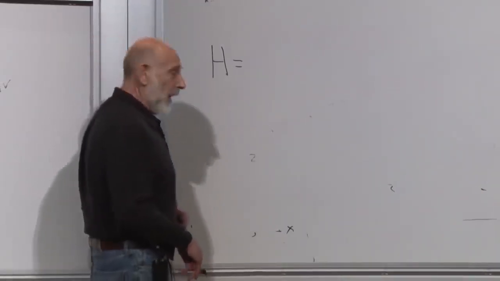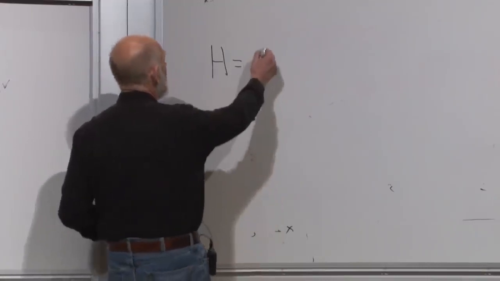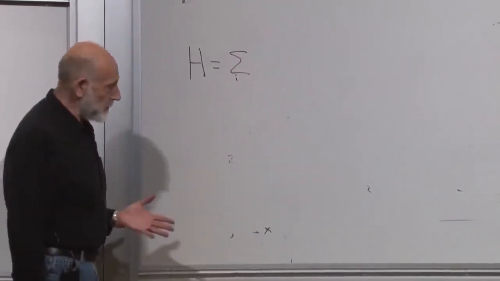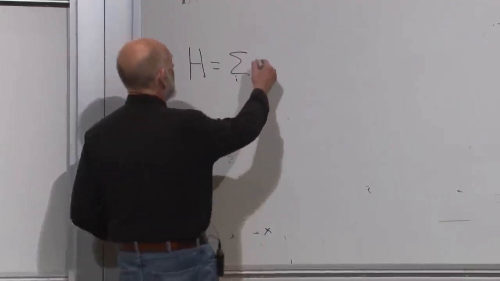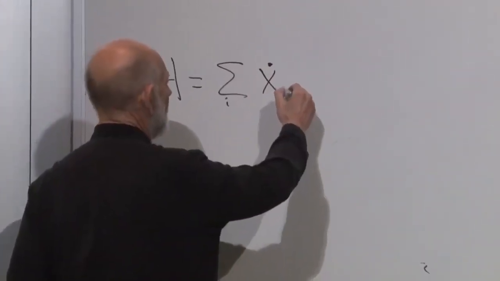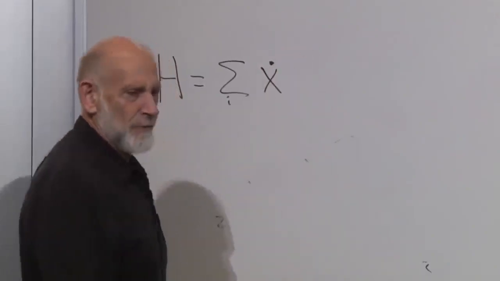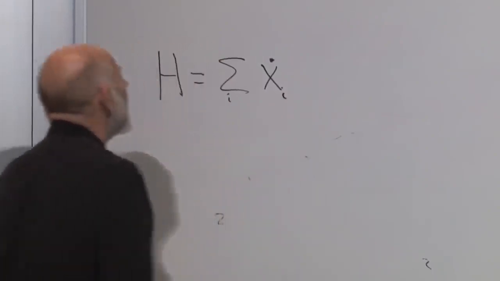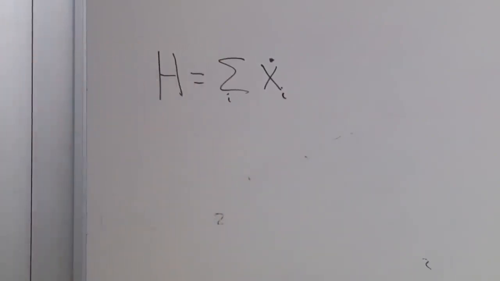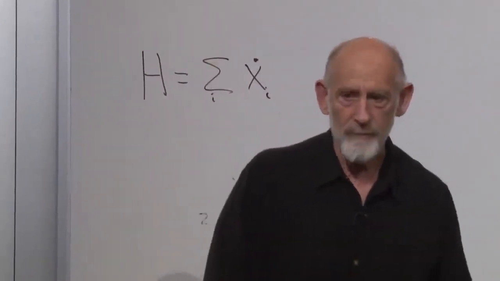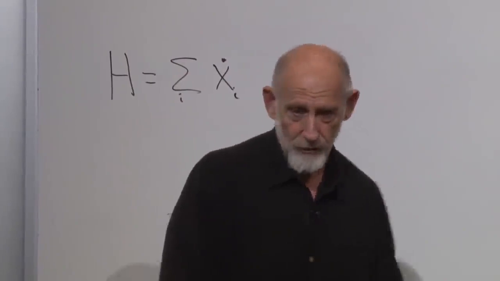I will write it down for you. It's the sum over all the coordinates of a system of the velocity associated with that coordinate. I sometimes put the indices upstairs and sometimes I put them downstairs. Pay no attention to where I put them at the moment. And what does it multiply? Remember? The momentum associated with that same direction.